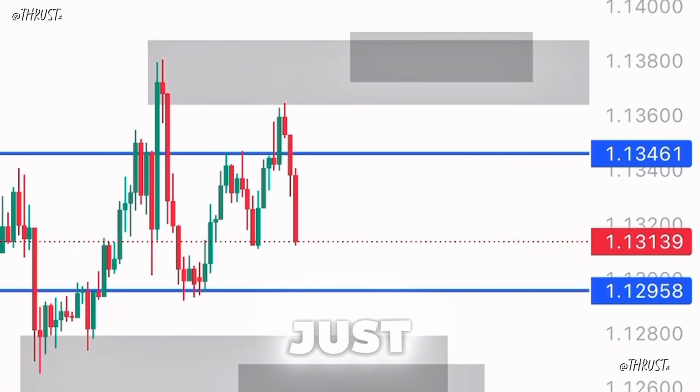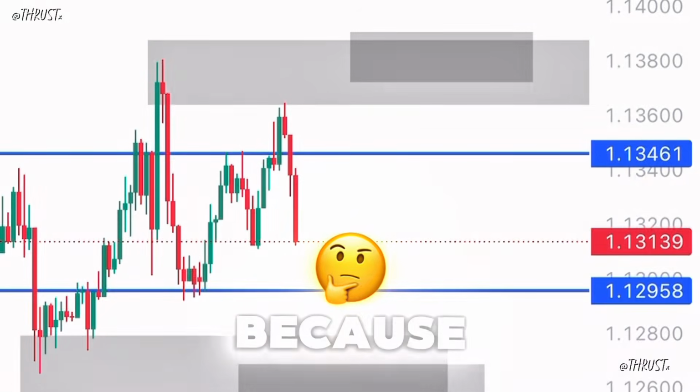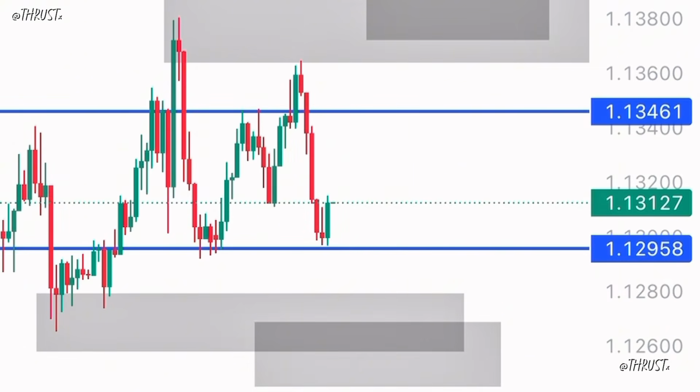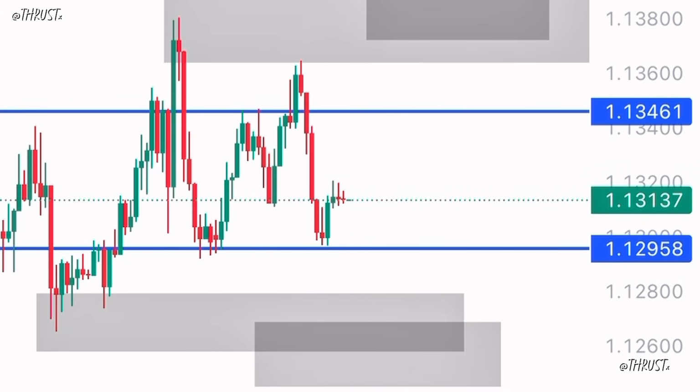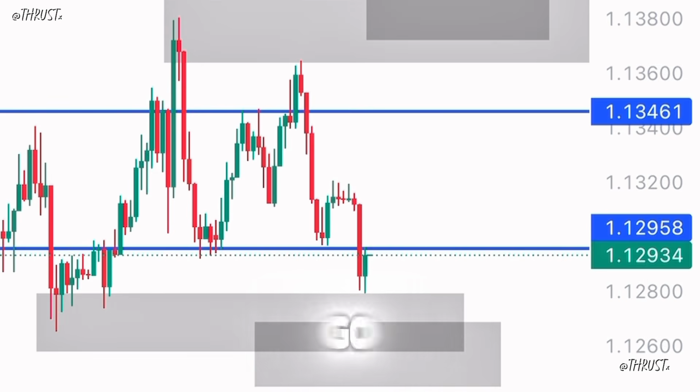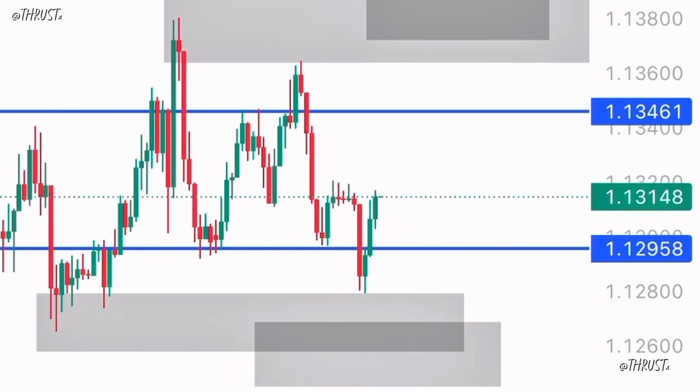So you just make sure everything is intact, because price does test the area, whether it's strong or not. And if it's weak, then it will go straight through, like a break.